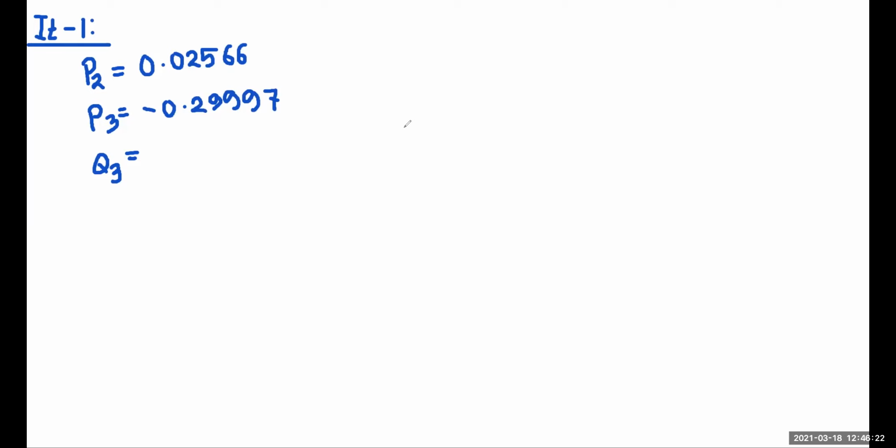Now, Q3 will be how much? Minus 16.602 into V3 is 1, sine, not cos, (108.4349 minus delta 3), delta 3 is 0, minus 5.4286, V3 is 1 into sine(108.4349 minus delta 3 plus delta 2) plus 20 into 1 square.